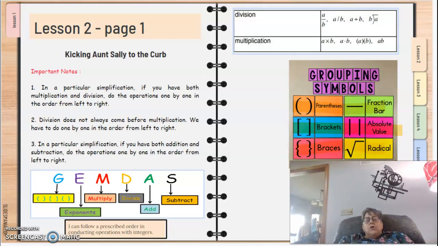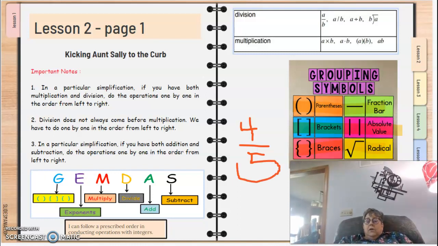Now, I really want you to think hard about the fraction one, because if you look at a fraction, it really is saying you have 4 divided by 5. If we look at a fraction as a grouping symbol, the fraction bar holds these two things together, and they must operate as one.